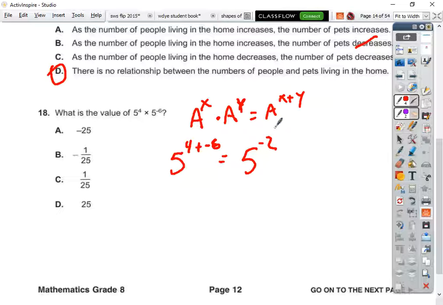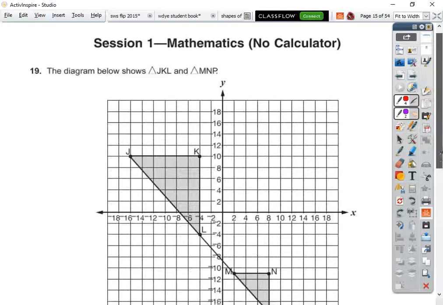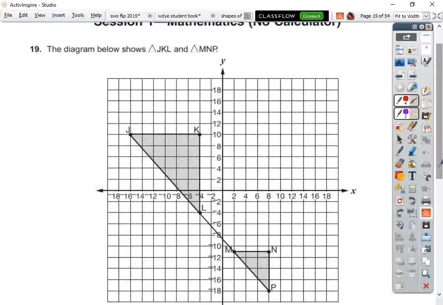But remember, you can't leave the negative exponent, so this is equal to 1 over 25, or 1 over 5 squared. And that is that one. The reason you're getting so many negative exponent problems is because scientific notation is becoming a bigger deal as math and science are getting emphasized.